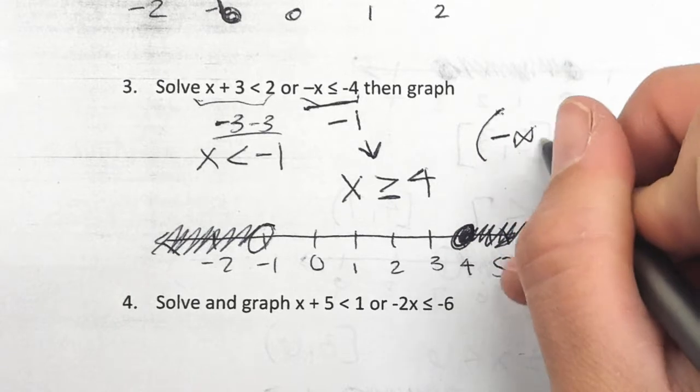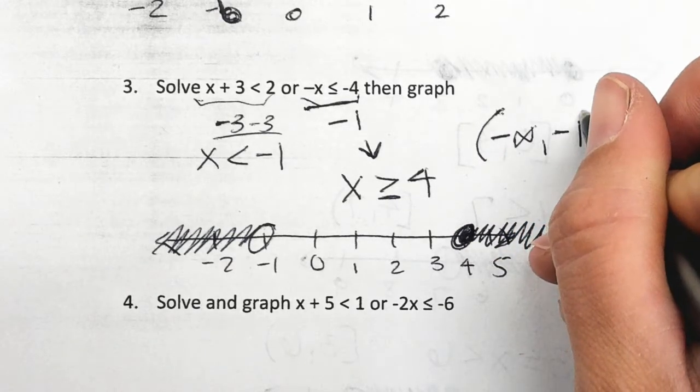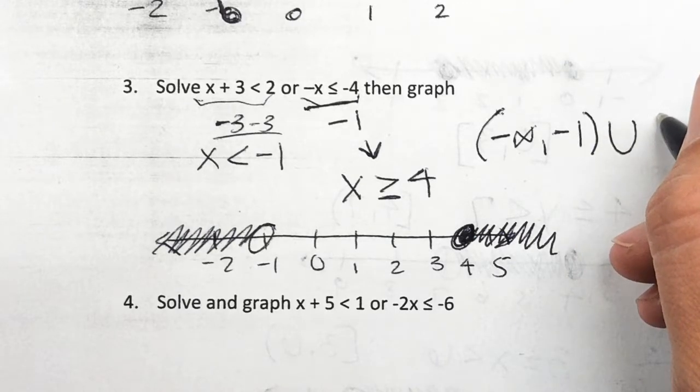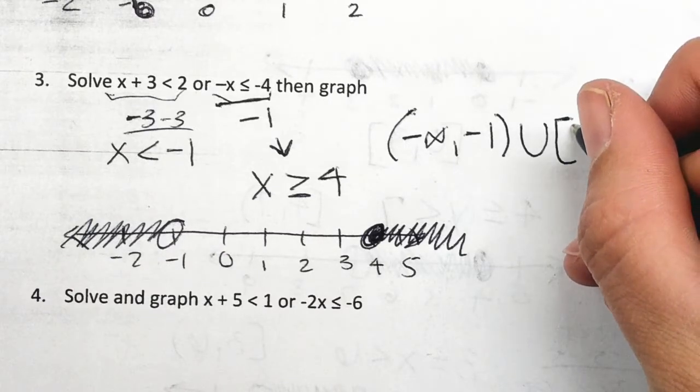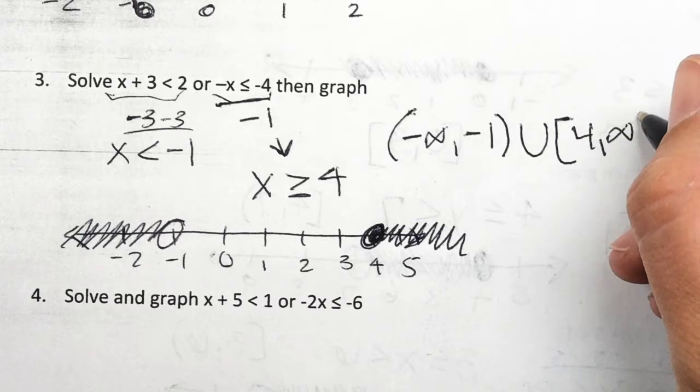Negative infinity to negative 1, parentheses, U, bracket, what else? With, good.